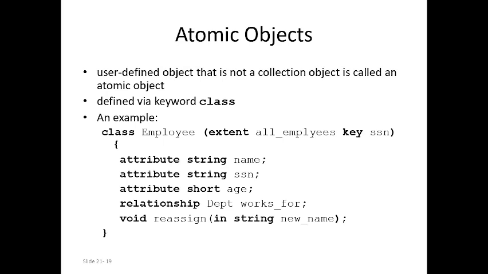For example, we have class employee and extent all employees, key SSN, then attribute string name, attribute long SSN, attribute short age, relationship department works for, then there is an operation that is reassign, in string new name.